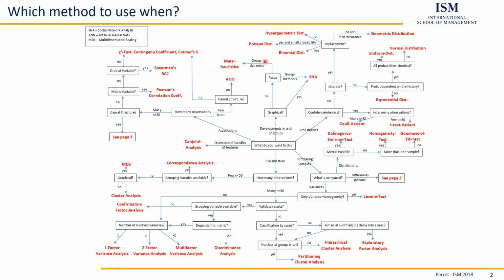You can also consider dynamics of a network with social network analysis, but that's one way to go, not necessarily the only one. So here, an interesting idea would be to use additional meta-heuristics. They are not discussed here in detail because that's more a field which goes in the direction of mathematical optimization.